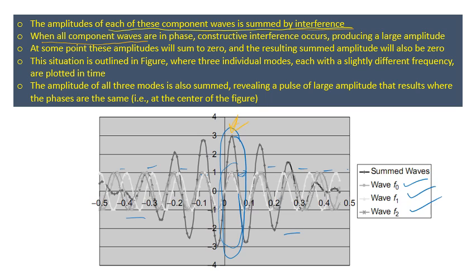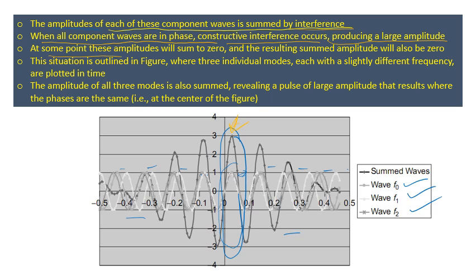When all the component waves are in phase, constructive interference occurs, producing a large amplitude. When they are in phase, with different frequencies, different waves, it means they are interfering constructively, so it will produce a large amplitude. That large amplitude is the wave we get when mode locked.